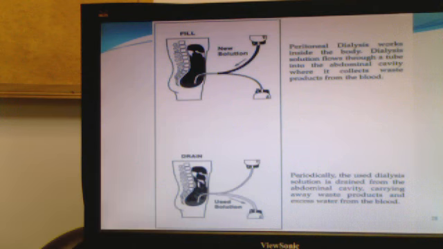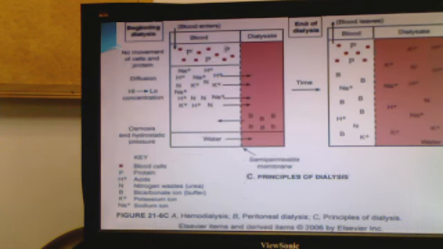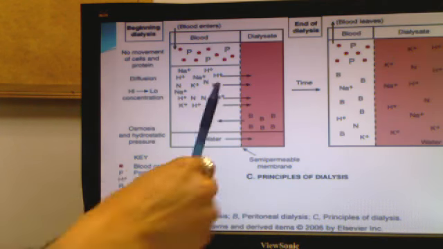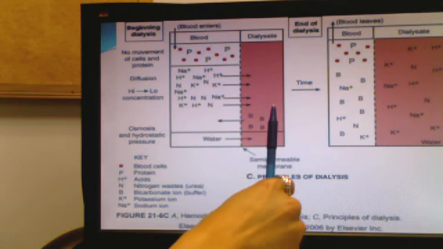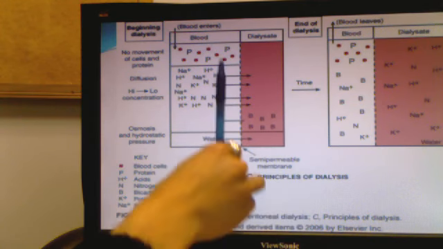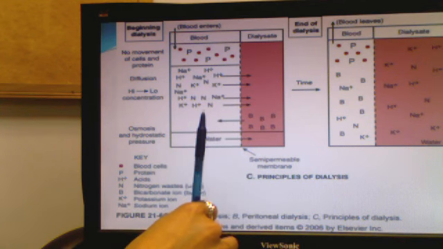So if you remember from basic anatomy or biology, we have the transport mechanism known as diffusion, the movement of molecules from a high concentration to a lower concentration. So something like this. This is the blood, and this is the fluid that we are introducing in the abdomen. So this is the blood that needs to be dialyzed because the kidneys are not cleaning it anymore.